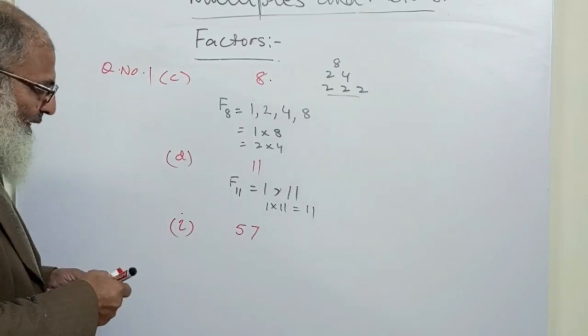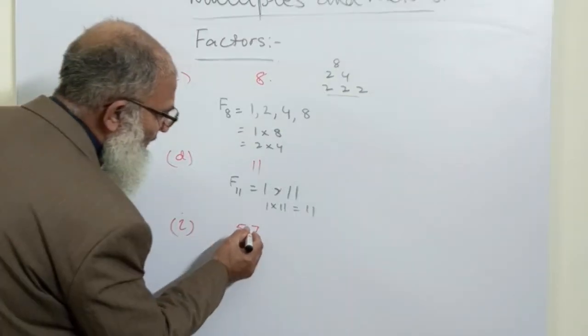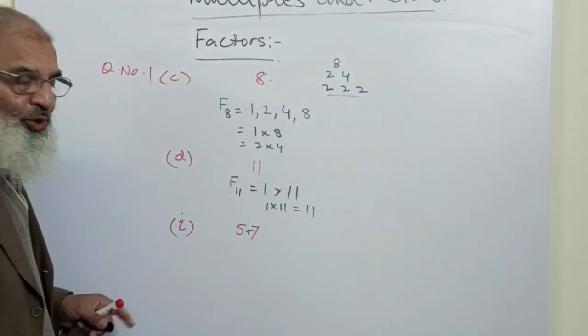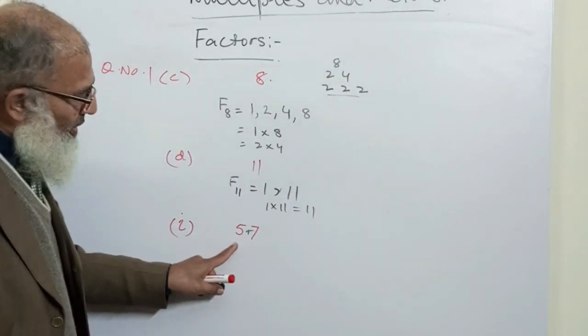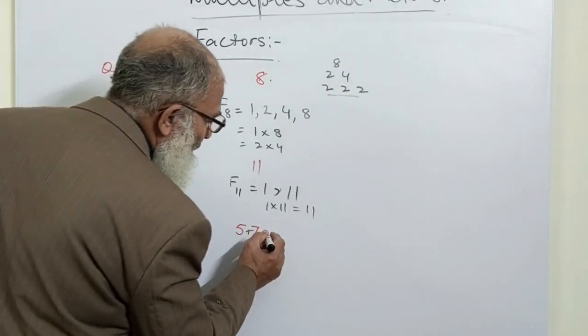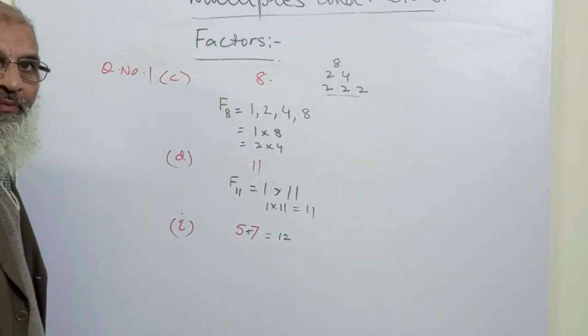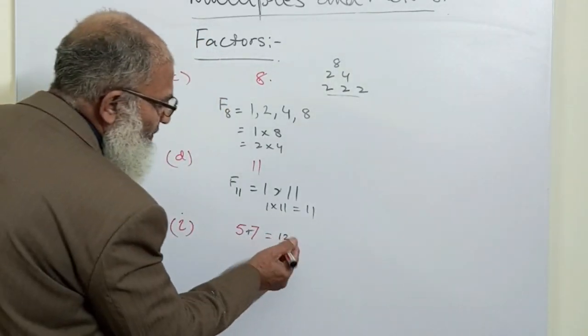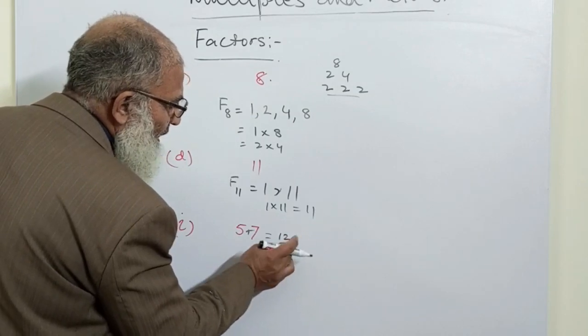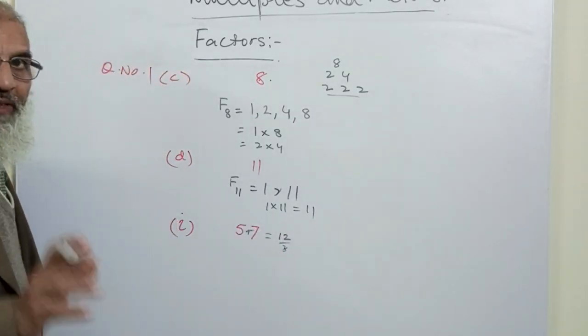What we do is we simply add the 2 digits over here. You see it has come to 12. Now this 12 is divisible by 3.